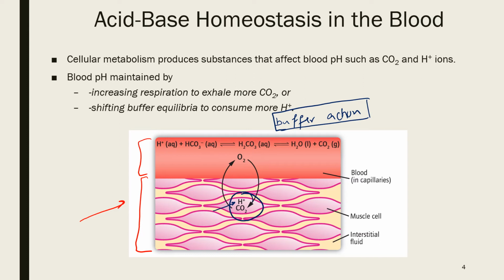The main substance which is responsible to maintain the pH of blood is carbonic acid, which is shown here. Now, carbonic acid can dissociate into water and carbon dioxide, and carbonic acid is produced when H positive ion combines with the bicarbonate ion.